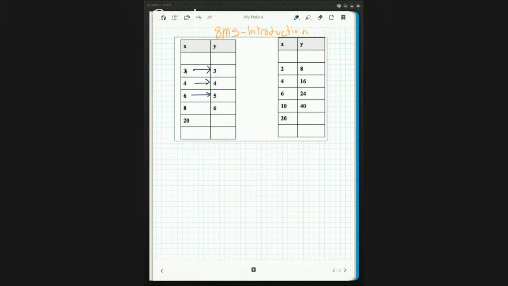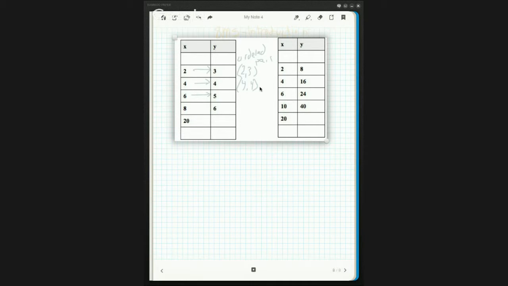So this 2, 3 is an ordered pair. And we have 4, 4, etc., all the way down. And these are my ordered pairs.